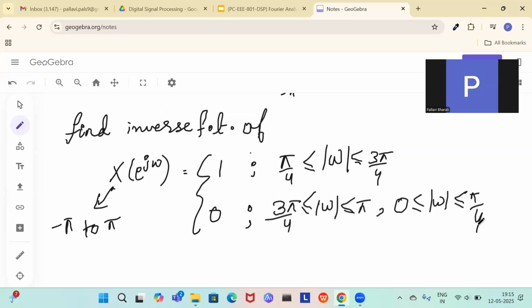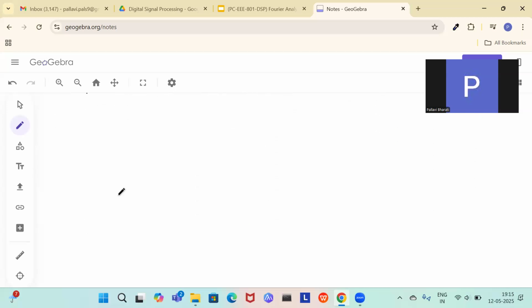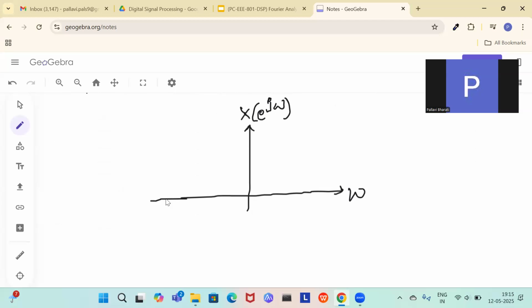You will understand more clearly when I draw the diagram. This is x of e^jω and you have to find out x of n. This is ω. Let us enlarge this more. This is −π and this is π.